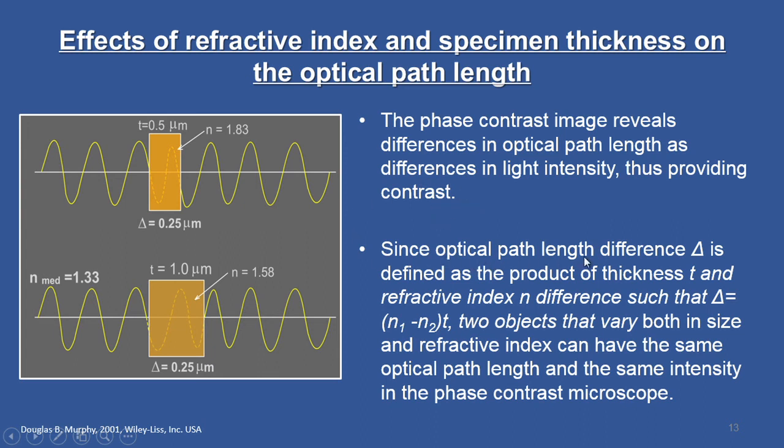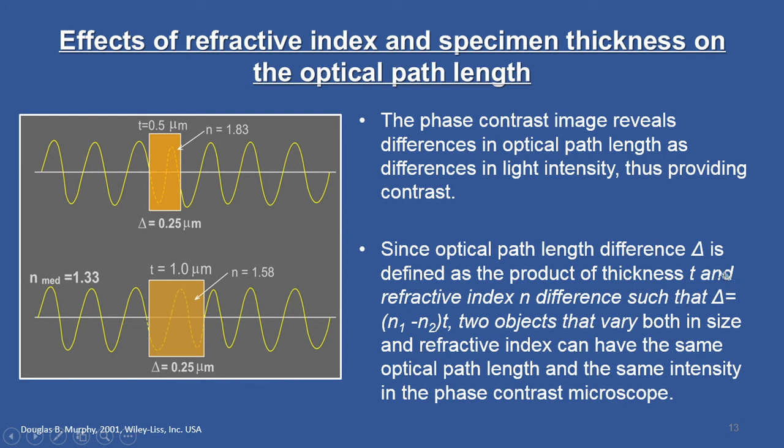Since optical path length difference delta is defined as the product of thickness T and the refractive index difference N, such that delta equals (N1 minus N2) times T, two objects that vary both in size and refractive index can have the same optical path length and the same intensity in the phase contrast microscope.